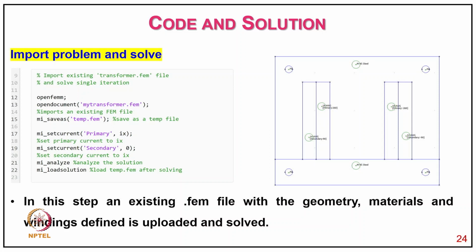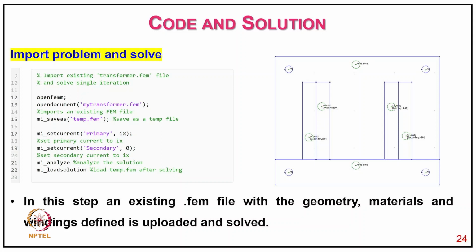This code opens FEMM and opens the document my transformer.fem, then mi_saveas to a temp file, then sets the primary current to Ix, sets the secondary current to 0, then mi_analyze and mi_loadsolution.